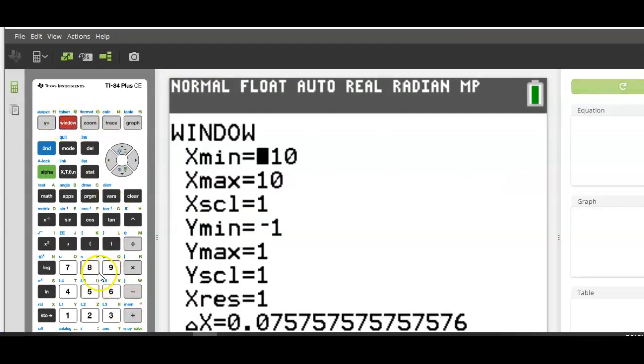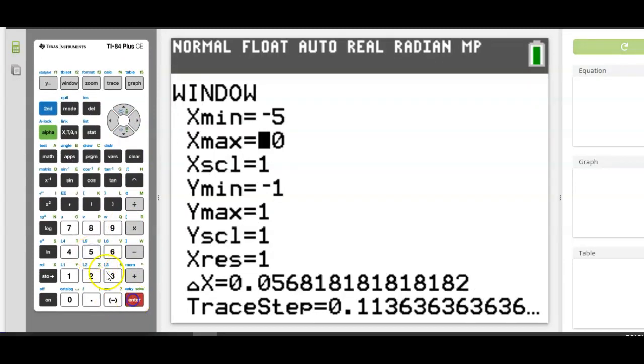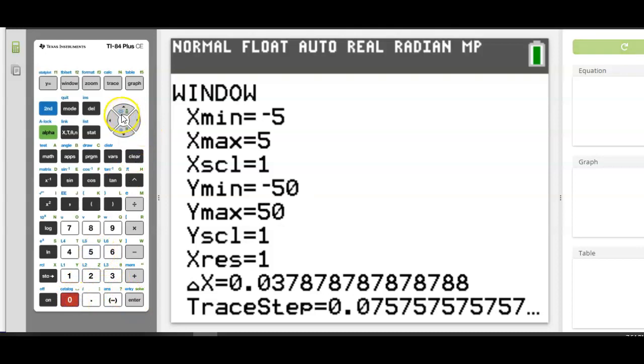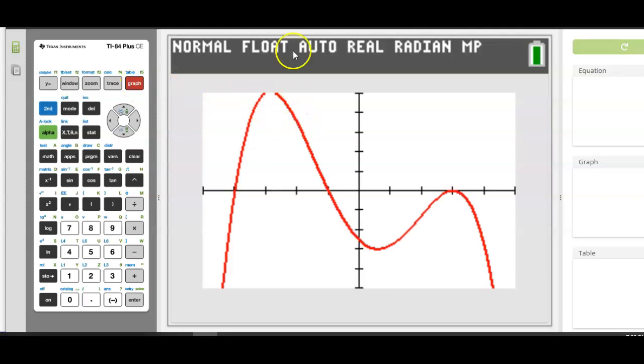Window, negative 5 to 5, and negative 50 to 50. And we could change the scale on that one to count by tens if we didn't want a million little marks. Graph. Ooh. No, we got this going off the top.